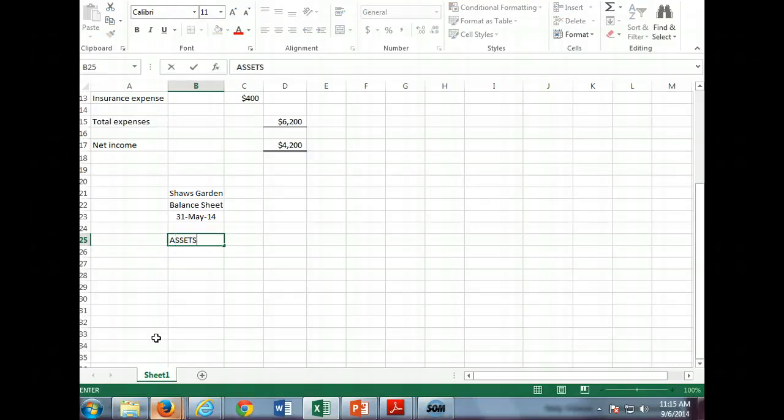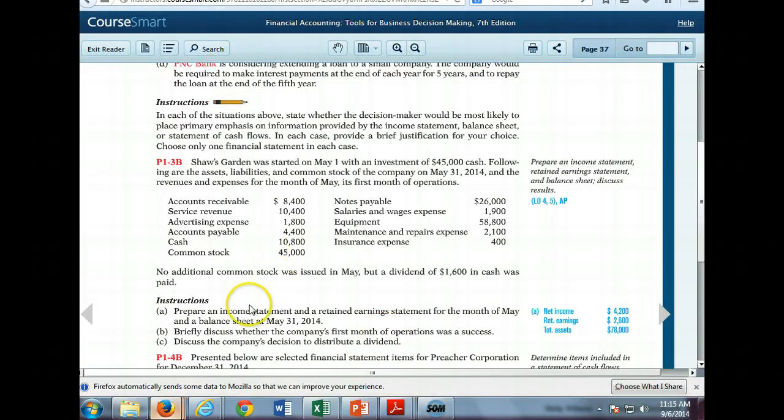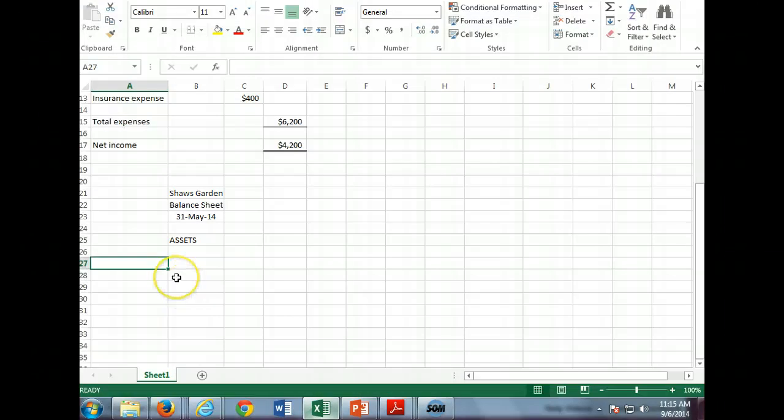Assets. Let's talk about the assets. What assets do we have here? Cash. We have cash. What else do we have? Accounts receivable. So cash is 10,800. Accounts receivable is 8,400.